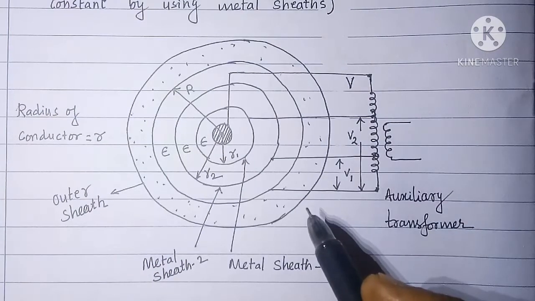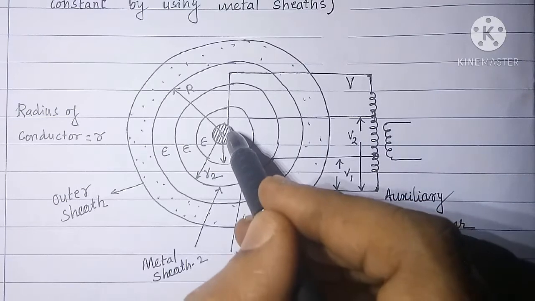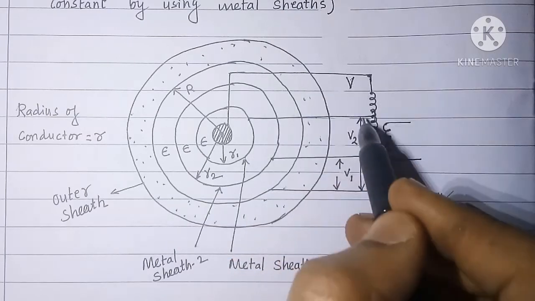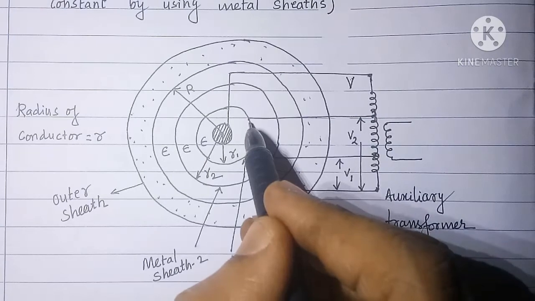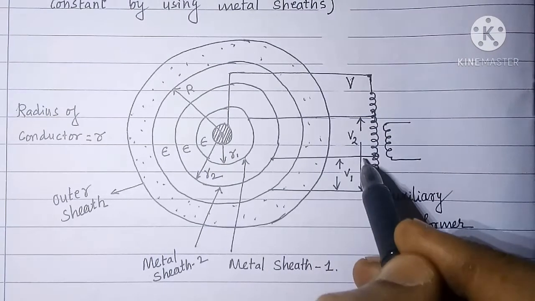So we understand that now the potential difference between the conductor surface and first insulator surface is V minus V2. The potential difference between first insulator surface and second insulator surface is V2 minus V1.